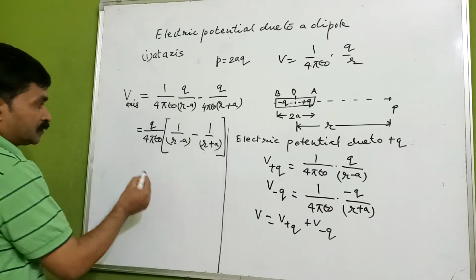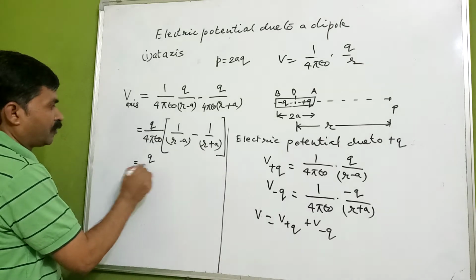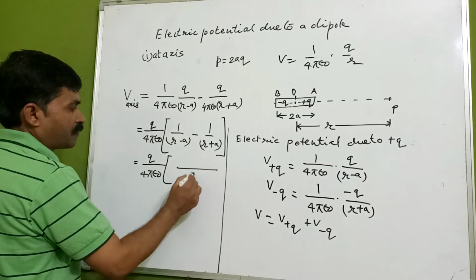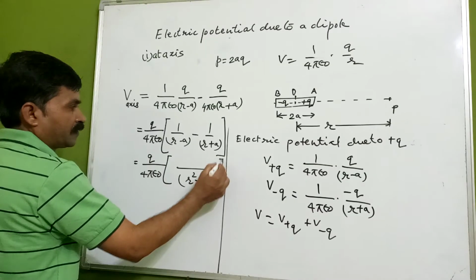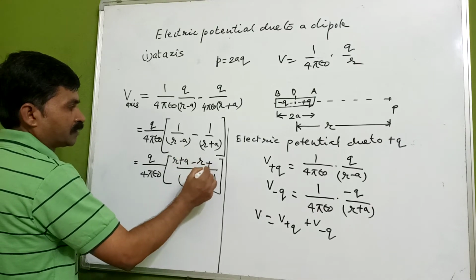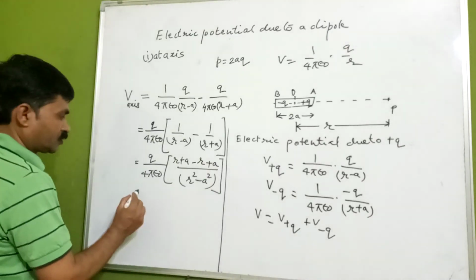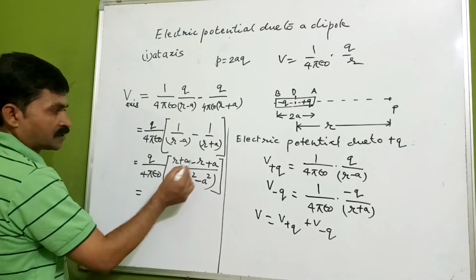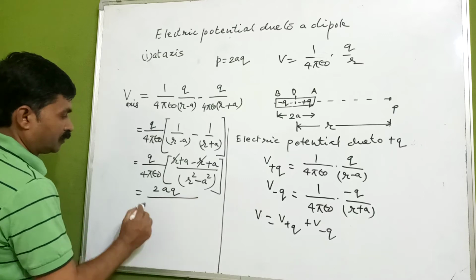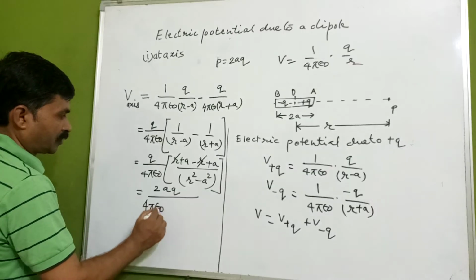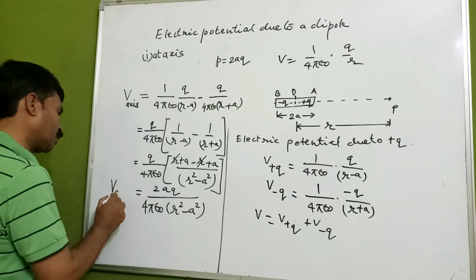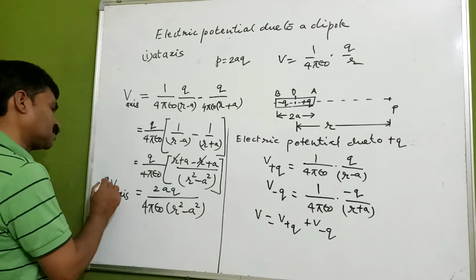Calculating, we get q upon 4 pi epsilon naught into r square minus a square in the denominator, and in the numerator r plus a minus r plus a, where r cancels. So it is 2aq upon 4 pi epsilon naught into r square minus a square. This is the electric potential we are getting on the axis.